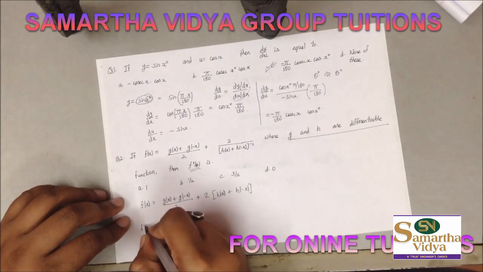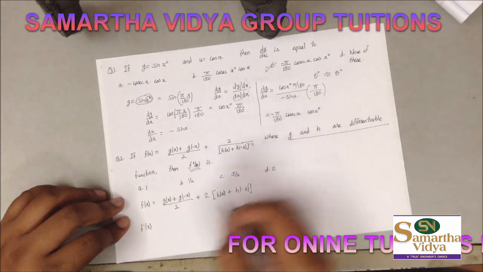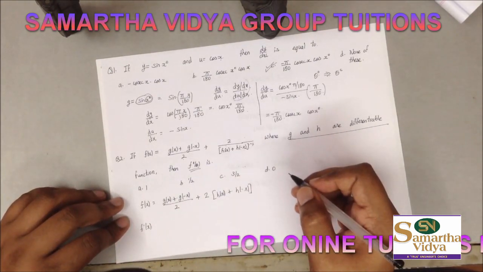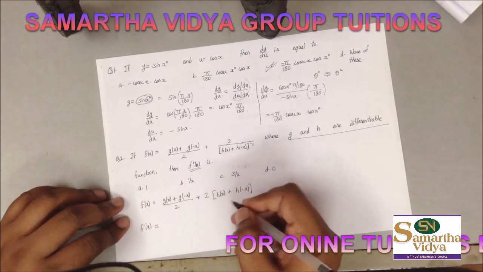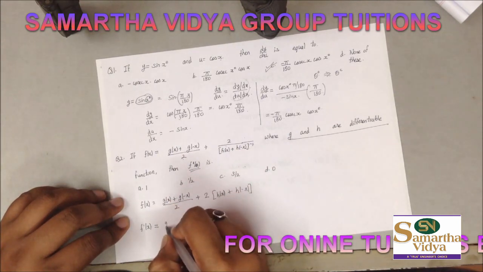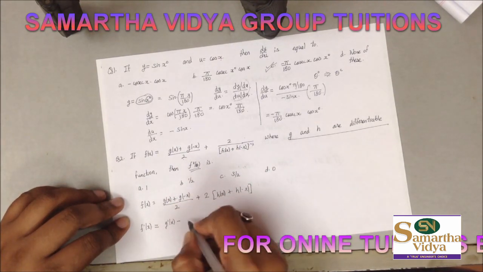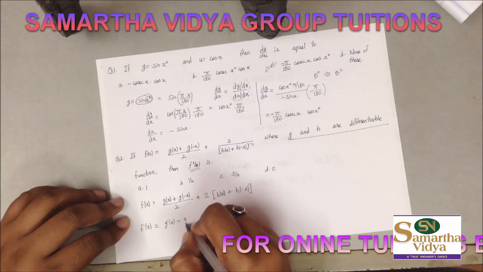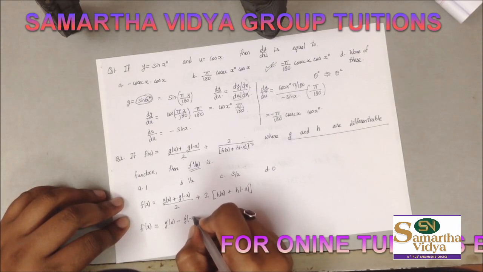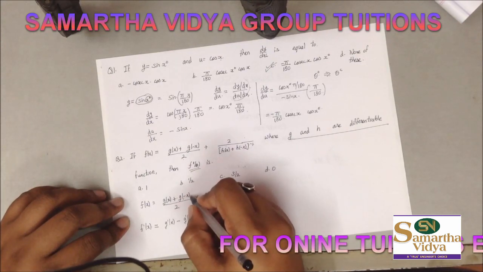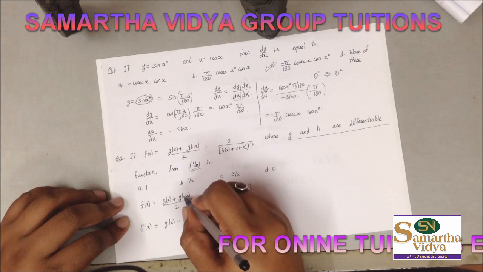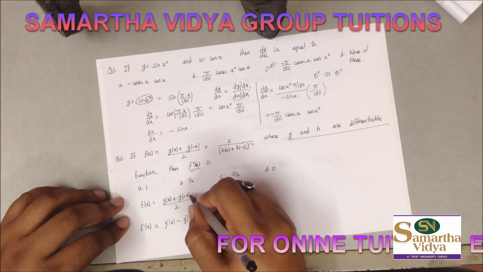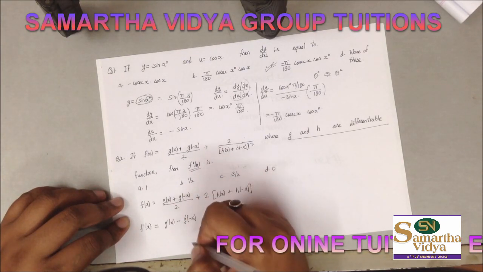So I just take the derivative with respect to x, so that gives us g dash of x. Now over here we have the g dash of minus x. Now within the bracket we have a minus x, so we have to take the derivative of minus x also.